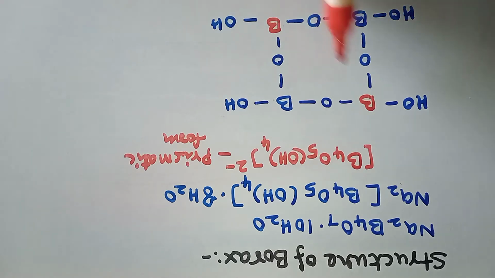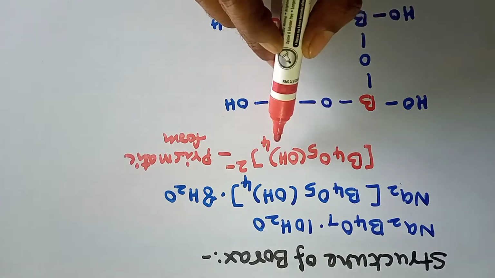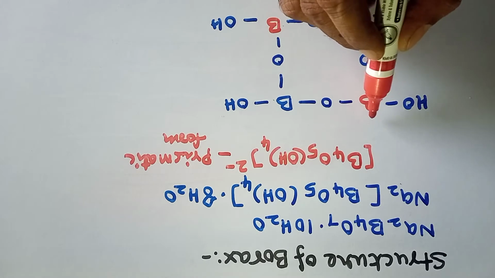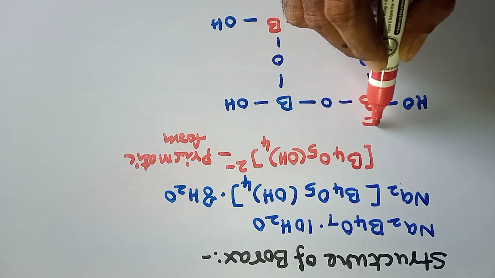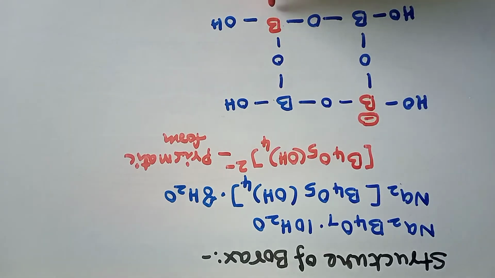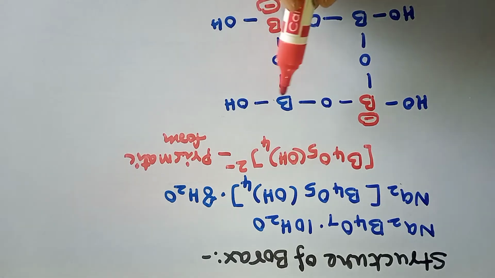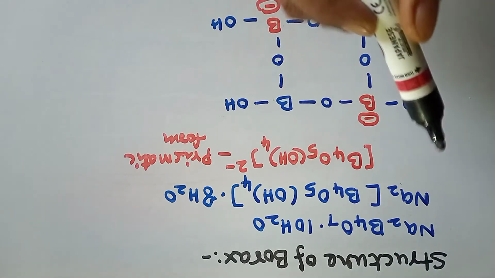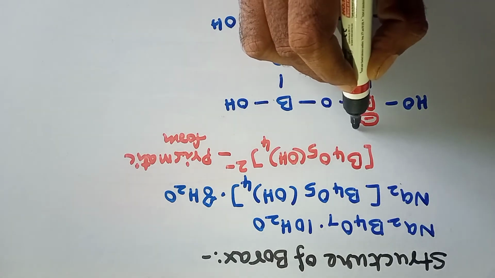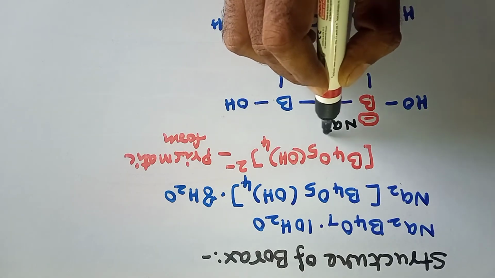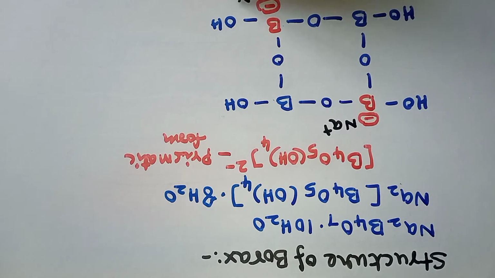Okay, it has a 2 negative charge. B4O5(OH)4 2-, here 1 minus, here 1 minus. This boron has a negative charge. It is neutralized by 2 sodium ions, Na+, Na+.